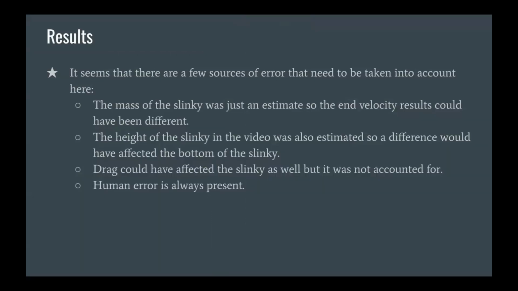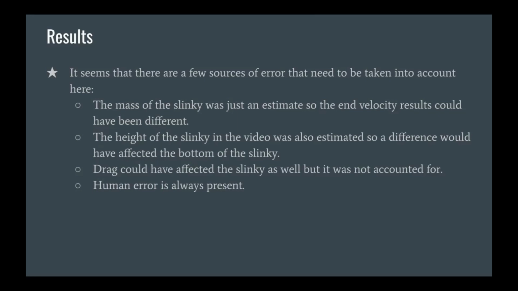The results. First off, I would like to take into account some errors before we really get into the results. One of which being that the mass of the Slinky was just an estimate, so the end velocity of the results could have been a bit different. The height of the Slinky as well in the video was just estimated, so a difference in that would have affected the bottom of the Slinky.